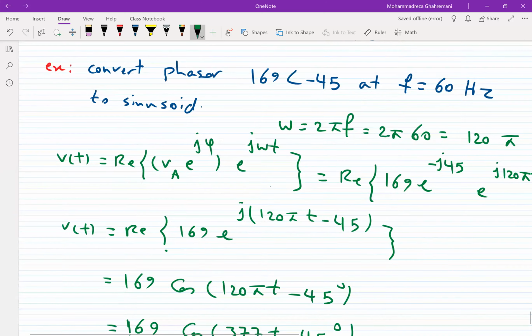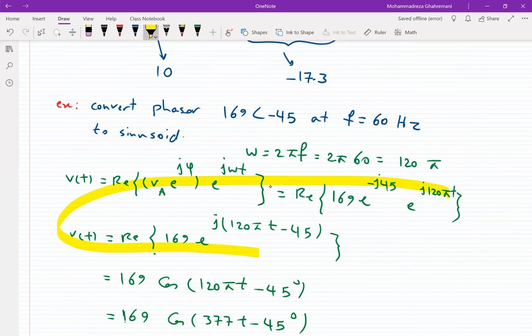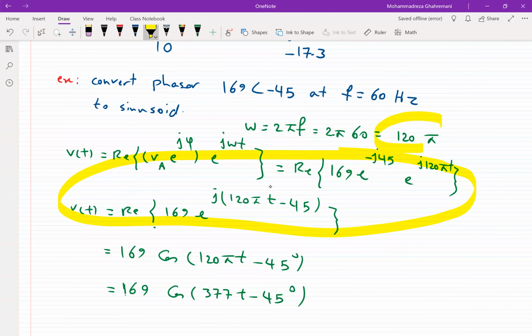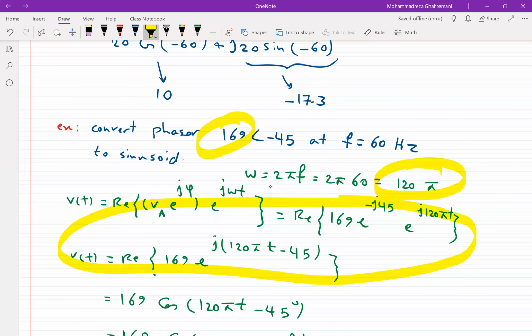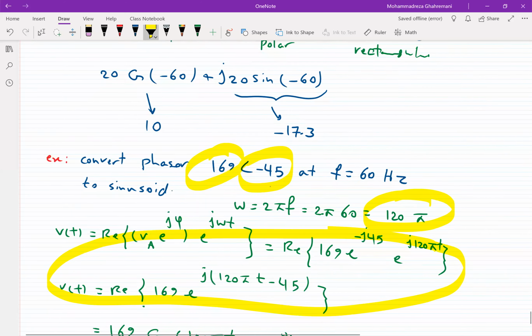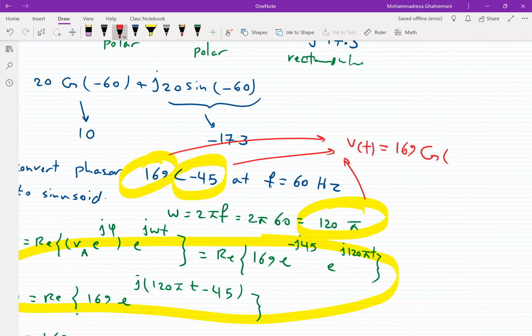When we have the frequency, the amplitude, and the phase angle, we can directly write the signal: 169 cosine of 120 pi t minus 45.